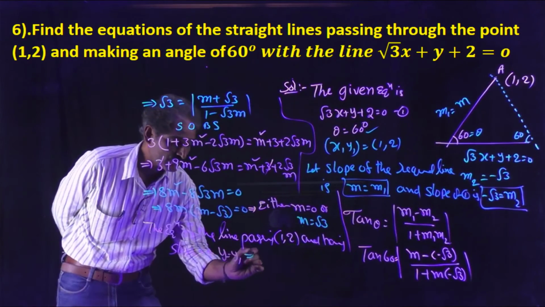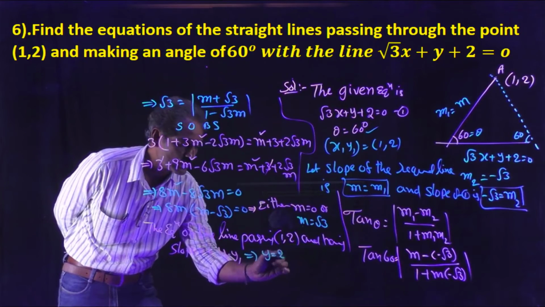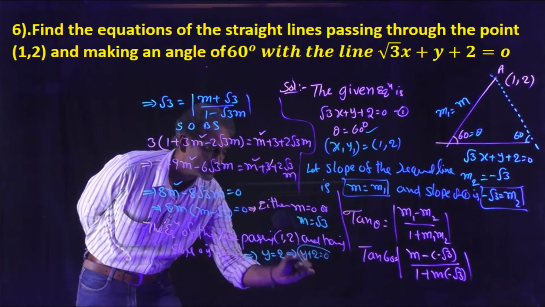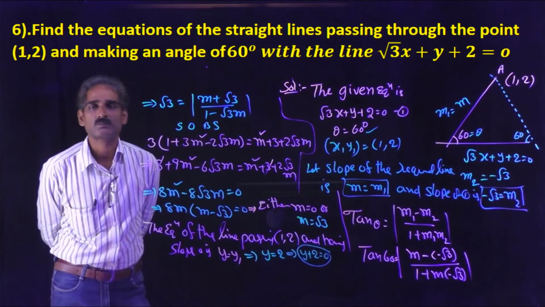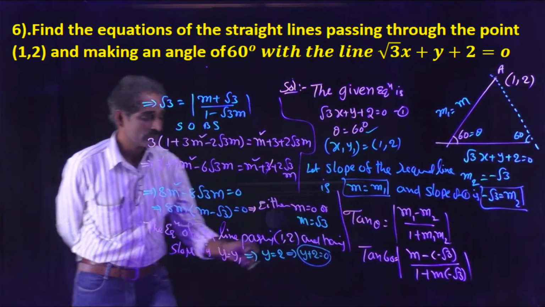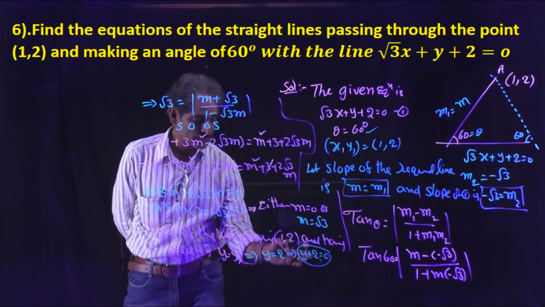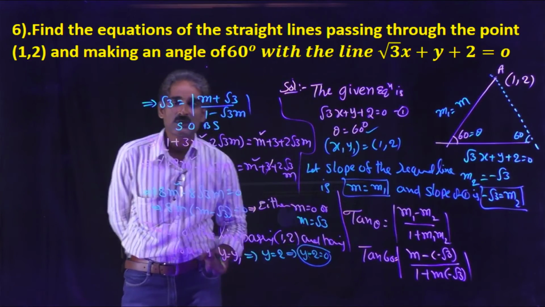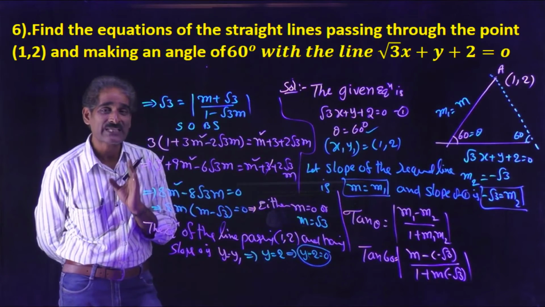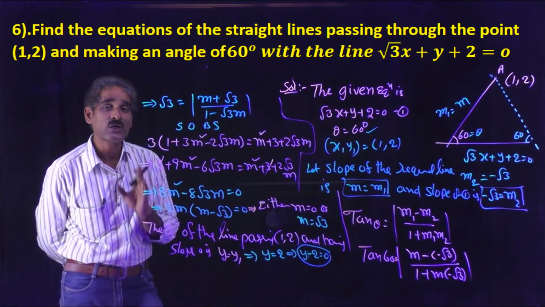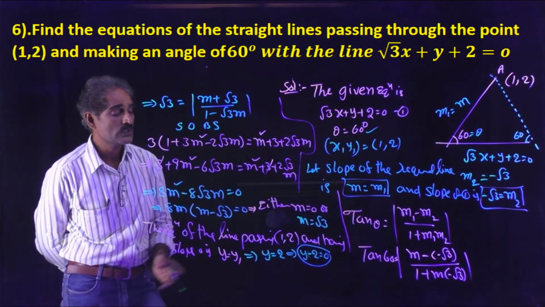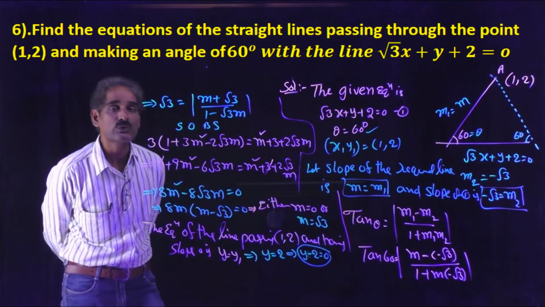This implies y is equal to 2, otherwise y minus 2 equal to 0. Understand? So any line parallel to the x-axis and passing through (x1, y1) is y equal to y1. Here y1 is 2, y equal to 2 means y minus 2 equal to 0.